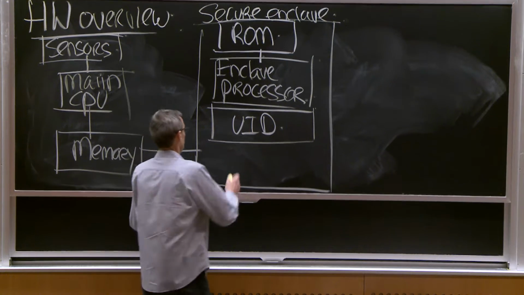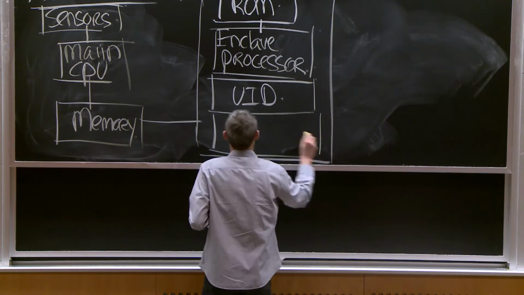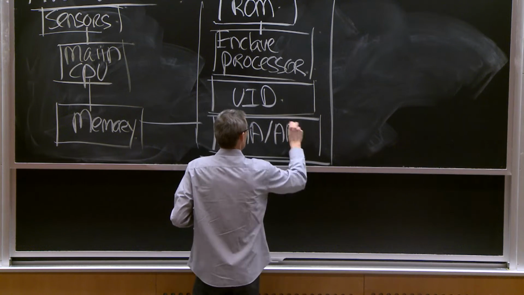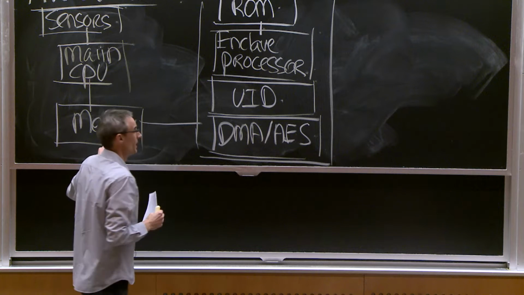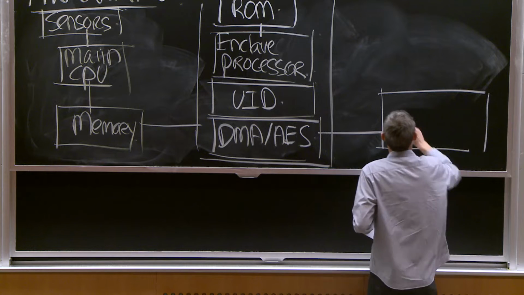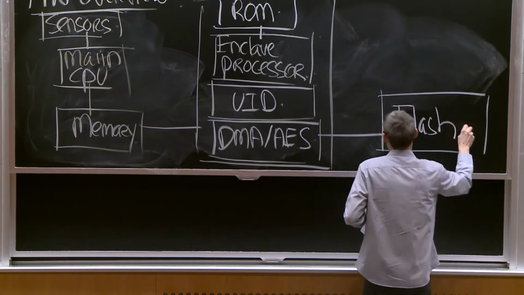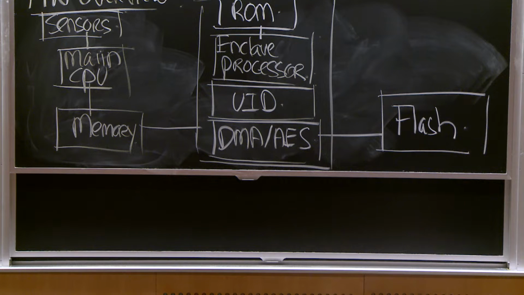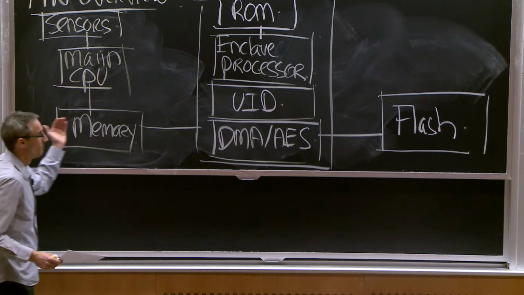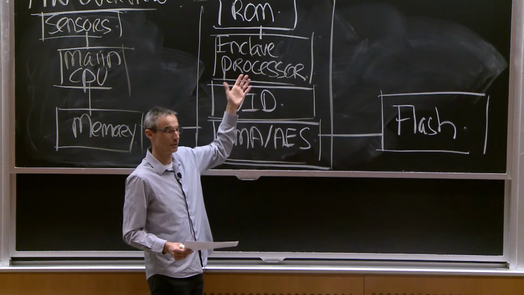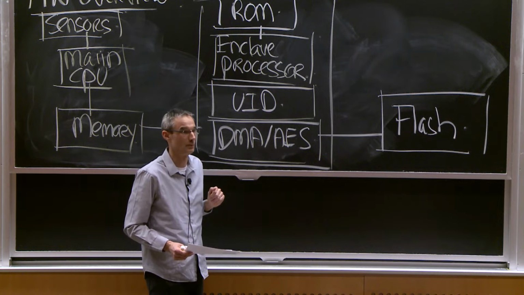And that key can be fed into an DMA AES engine that sits between the main memory and the flash chips that contain the user data. And the idea is that whenever the operating system wants to write your files, when the data is written back to the file system, that data is immediately encrypted with some set of keys that are managed by the enclave processor.